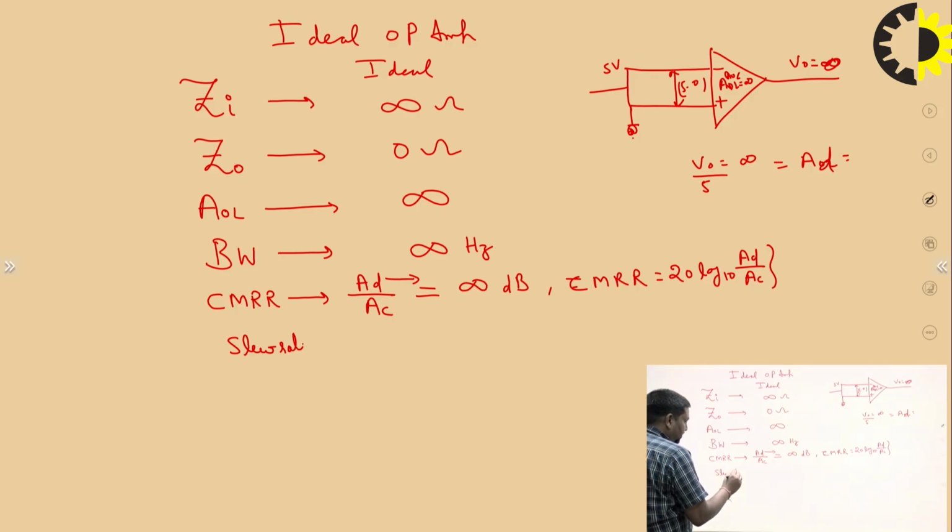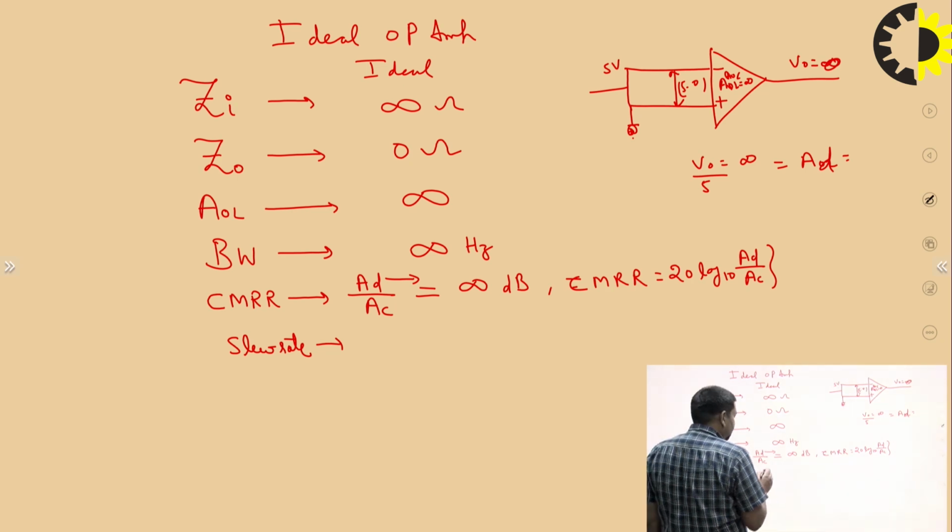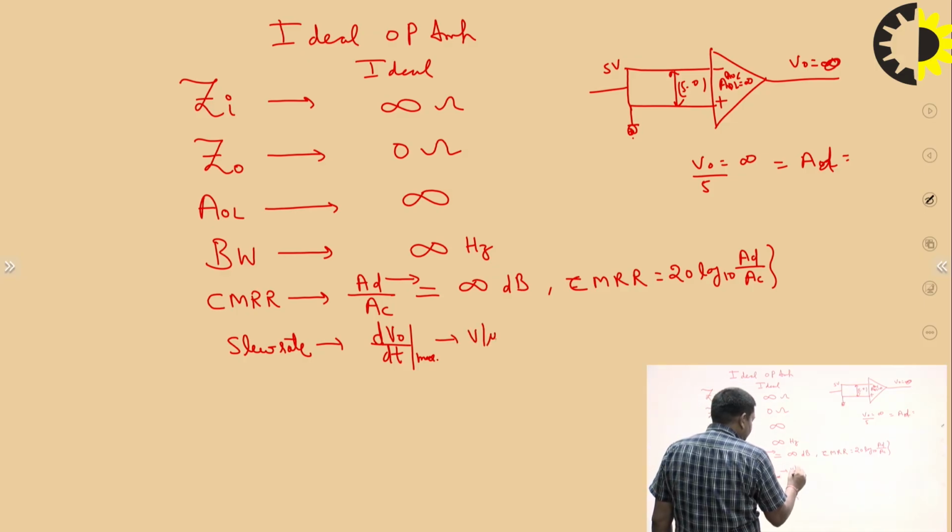And the other one is slew rate. What is the slew rate? What is the meaning of slew rate? It is the maximum output change with respect to time, where time is taken in microseconds. Such a rate is called the slew rate. That means dV0 upon dt max, where the unit is volt per microsecond.